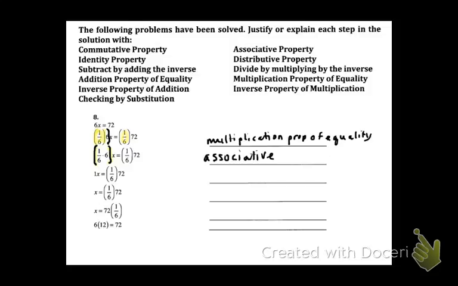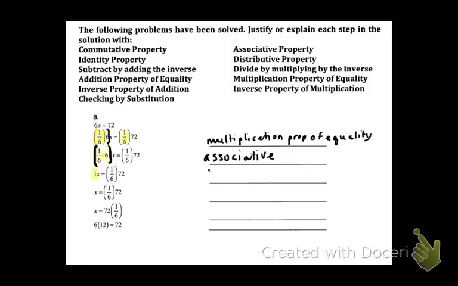Okay, and the next step here, these two numbers in the brackets that are associating, those 1/6 and 6, are inverses of each other, and when you multiply an inverse, it becomes 1. So 1/6 times 6 equals 1 right here because they're an inverse of each other.